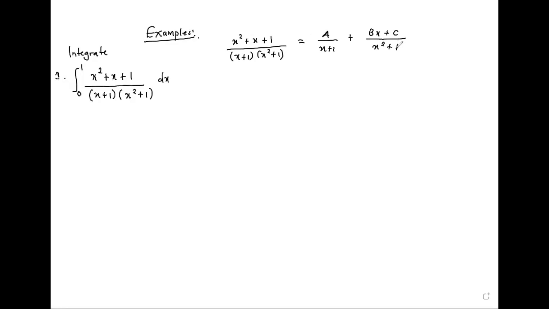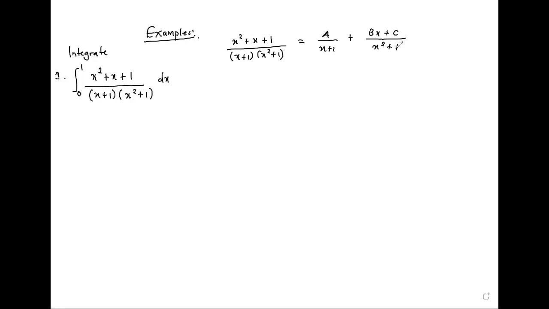Remember that whenever the denominator has power 2, the numerator will have an x and a constant.